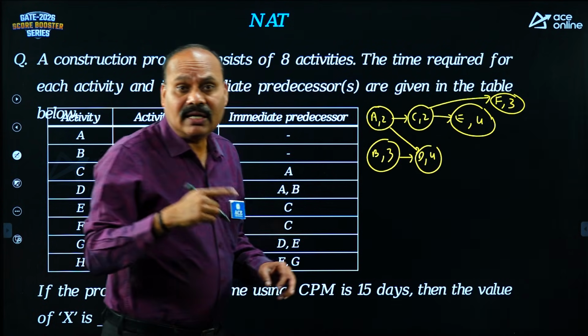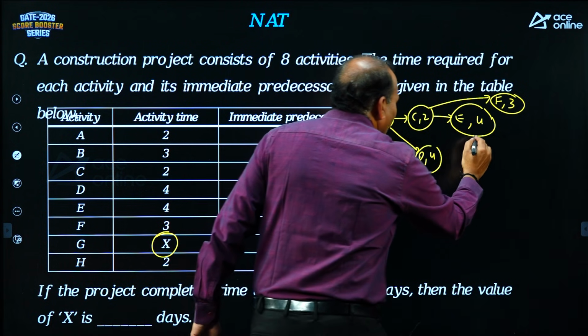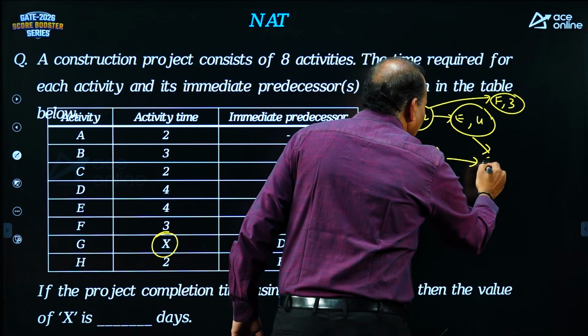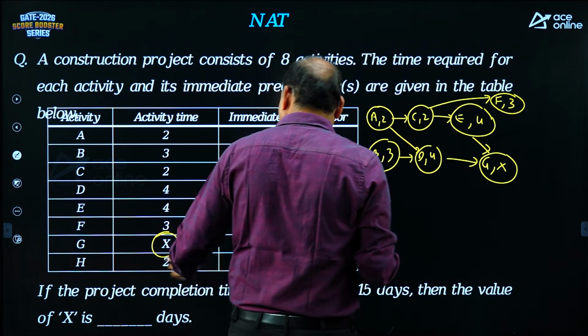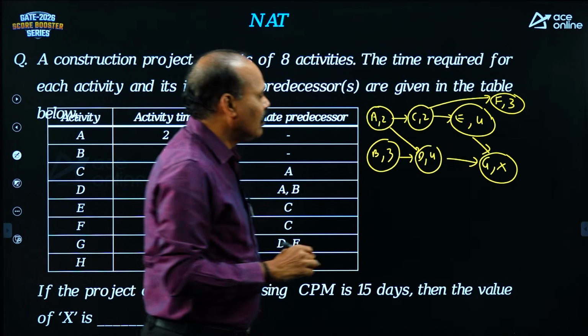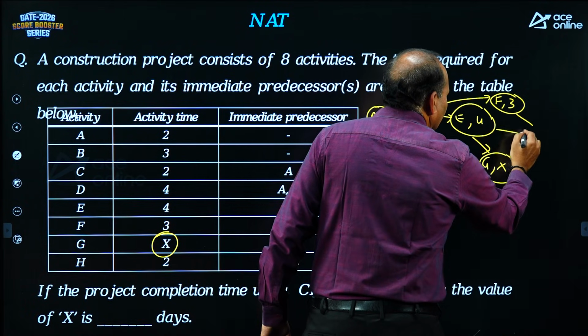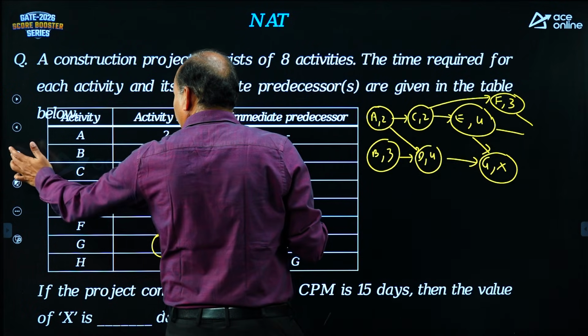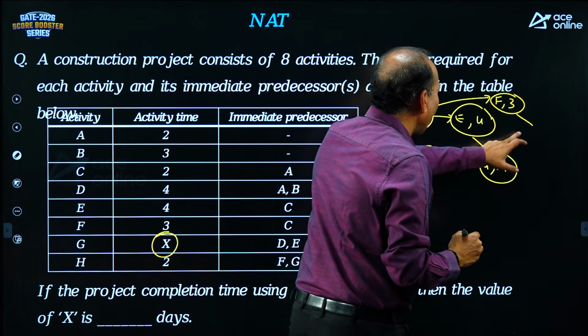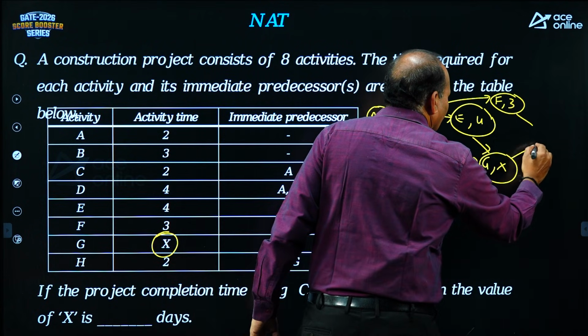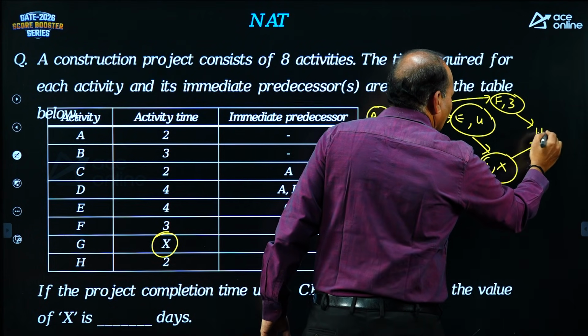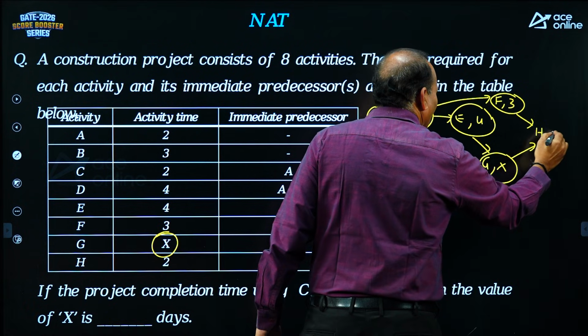G after D, E, so D, E both will give G. Duration of G, X. H after F, G. Duration of H is 2.